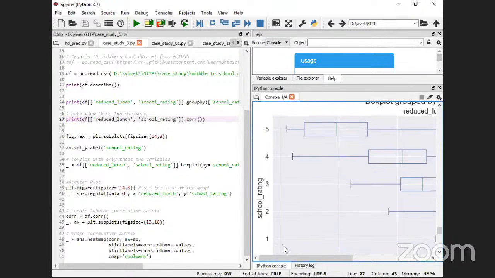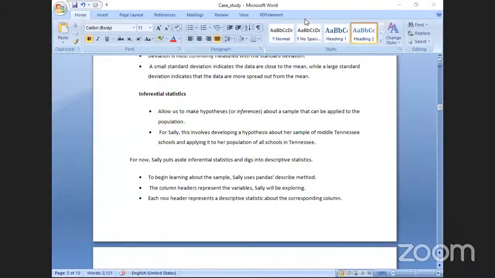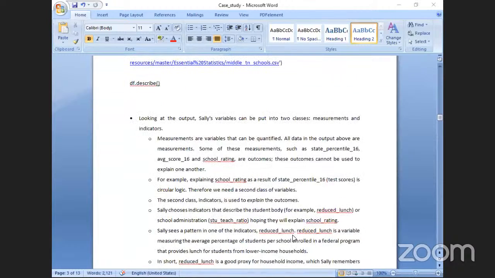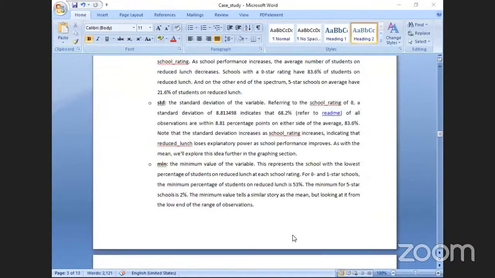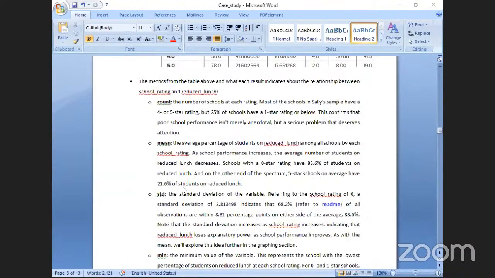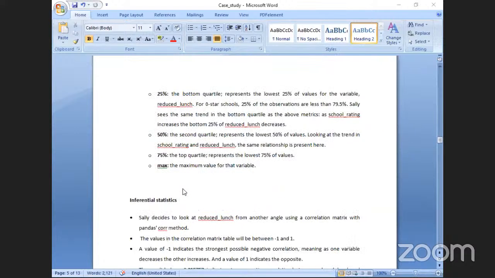I'll close this for a moment and move back to the file to show you how. All this is what I have discussed so far, and the output that has been generated.